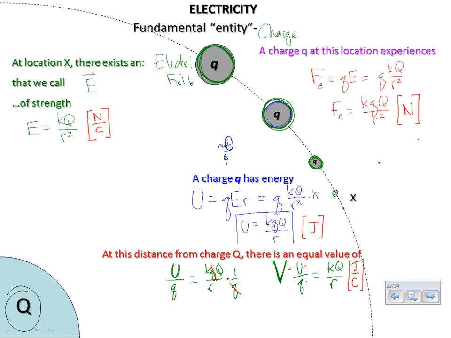And based on the value of that potential, whatever charge you put there has some potential energy. So sometimes I even call electric potential like potential energy, the energy that something would have if you were to place it there. That's tricky. Let's see if we can do a couple of examples to show how this stuff works.